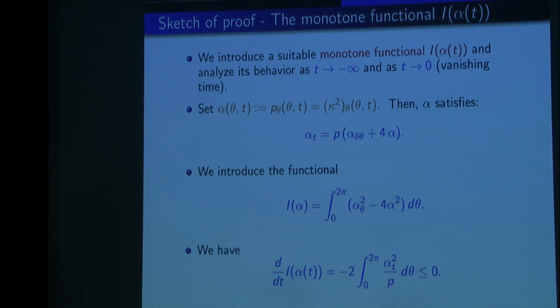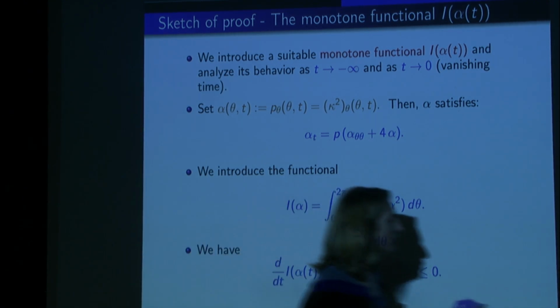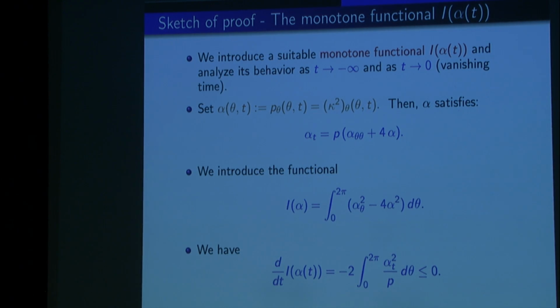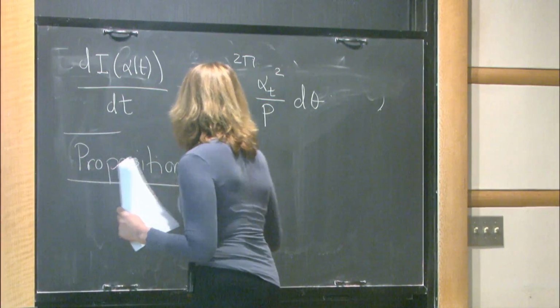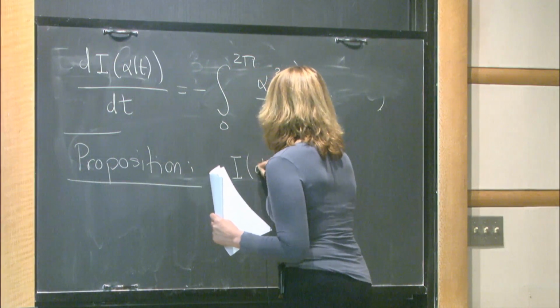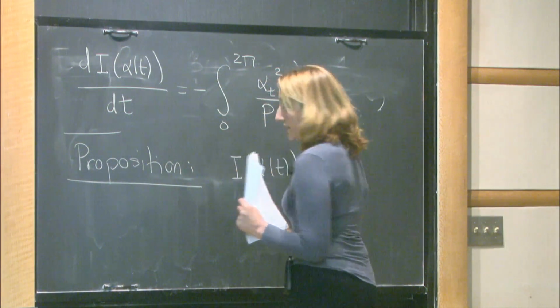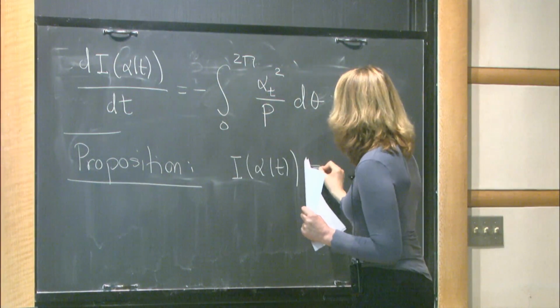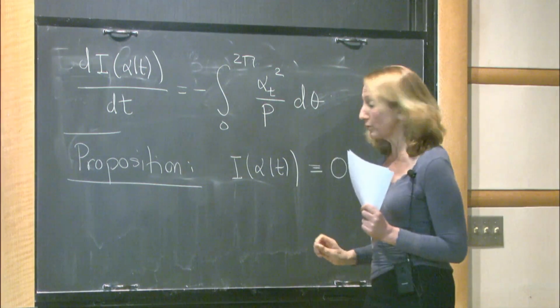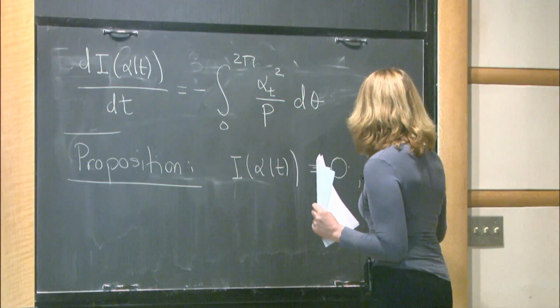The next step, the basic proposition, is to show that A of alpha of t on an ancient solution is identically equal to 0 for all t.